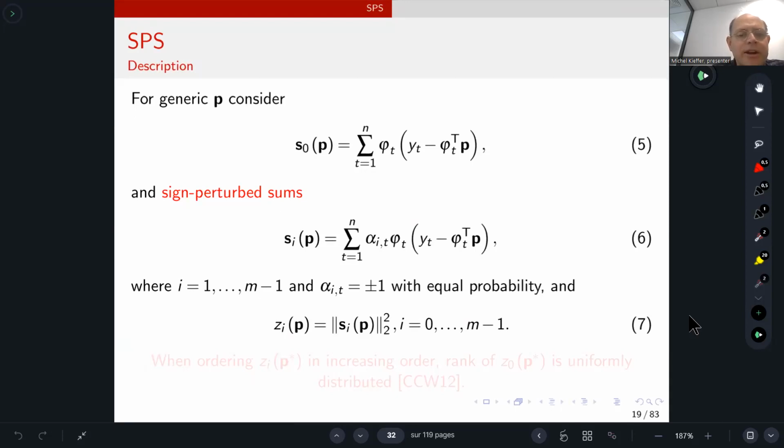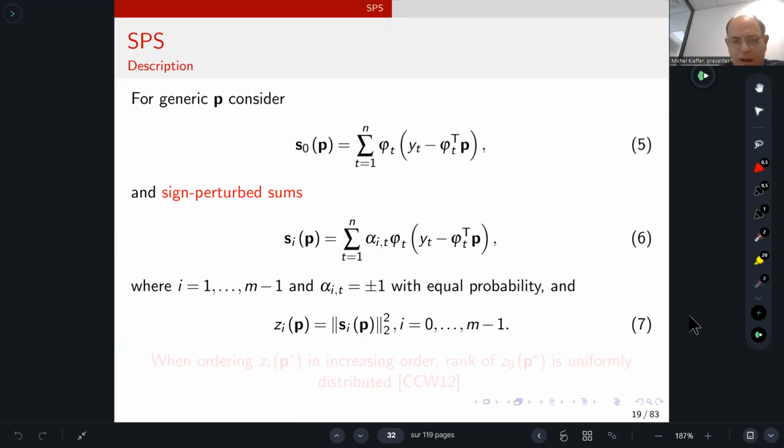This is simply a variant of S0, where we have introduced a random variable, a binary plus or minus 1 random variable with equal probability. And afterwards, we evaluate Zi, which is the norm of the Si.